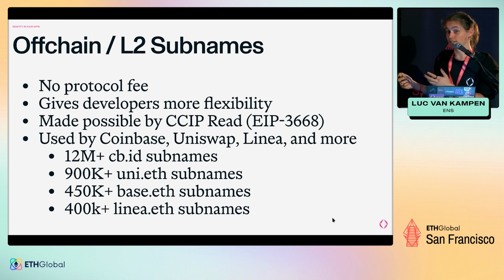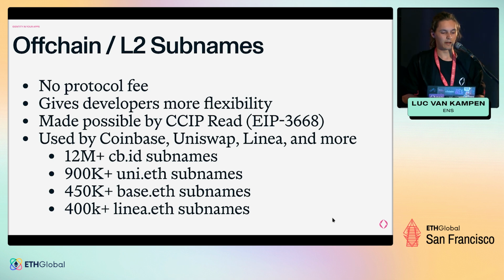This is EIP 3668. There's docs pages about this. Don't worry about it. I've spent way too much time on it. You'll find out all about it. These are used by Coinbase, Linea, Uniswap, and many more in production. Got to make sure I don't accidentally do more name drops. And we've got some crazy, astonishing numbers as of recently.